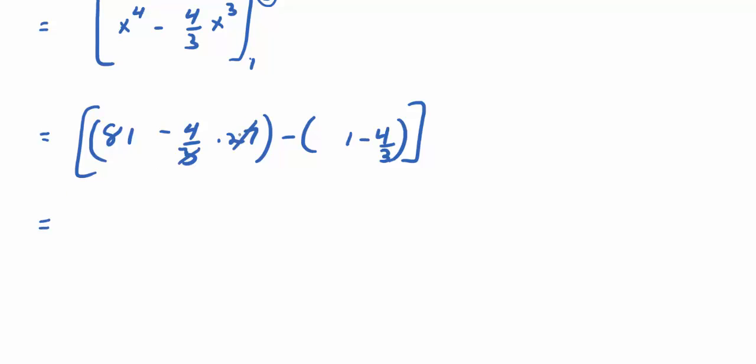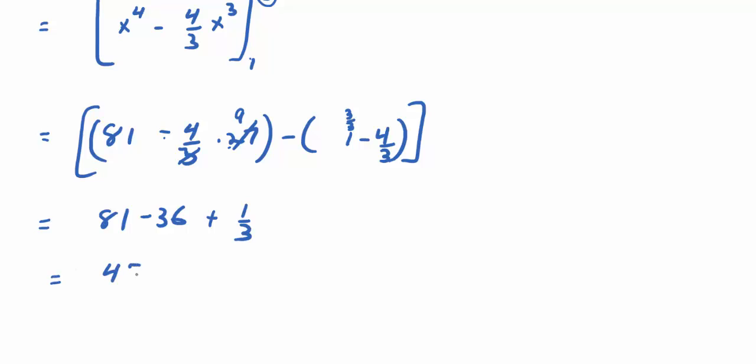Okay, well, 3 goes into 27 nine times, minus 4 times 9, there's your 36. So 81 minus 36. And then this is 3/3 minus 4/3, which is minus 1/3, but a minus makes a plus. So plus 1/3.